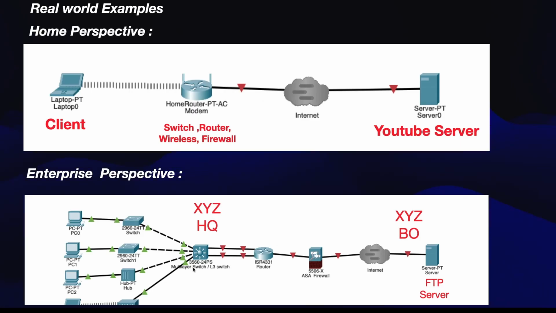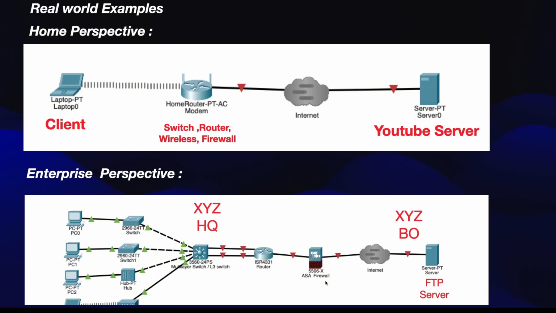The layer 3 devices provide routing and switching capabilities. Examples of layer 3 switches are Nexus 5K, 7K, 9K. And the router provides the connectivity between networks. Examples of a router, ASR 9K.